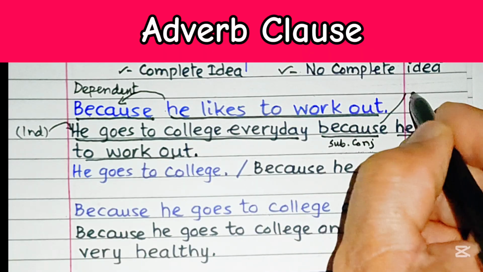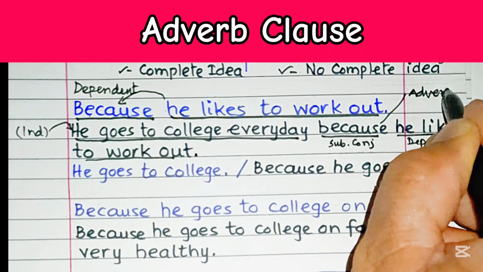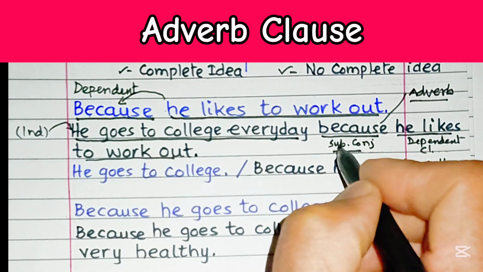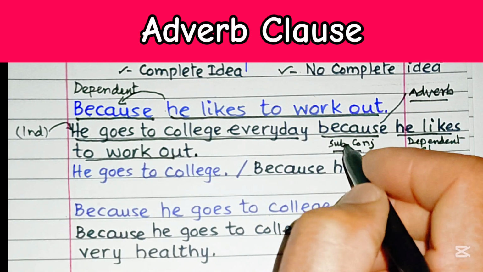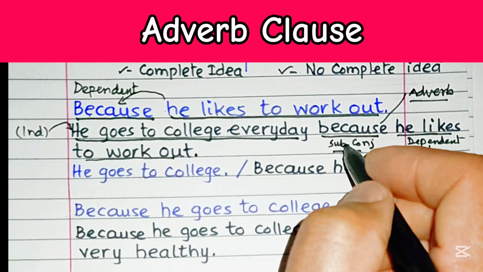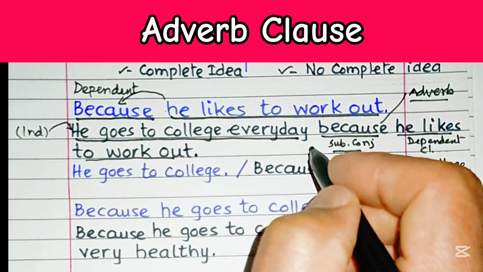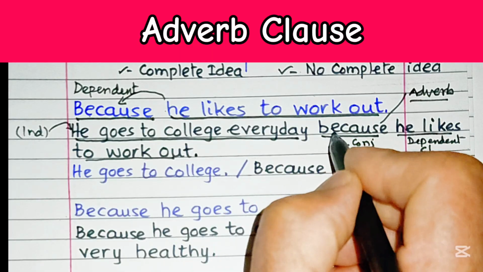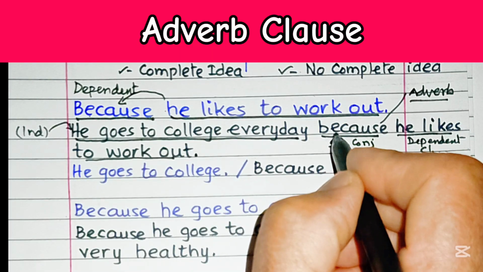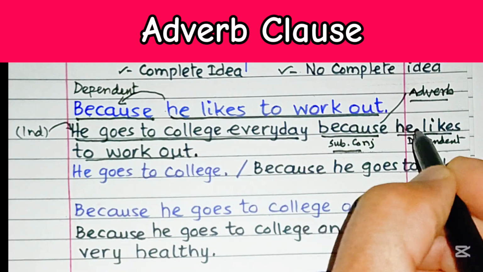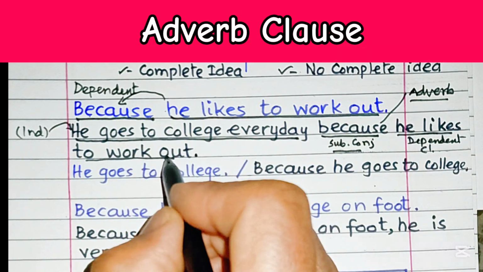This is an adverb, but at the same time it may be called a subordinating conjunction. So as I said, a sentence cannot be complete without this subordinating conjunction or adverb. He goes to college every day because he likes to work out.